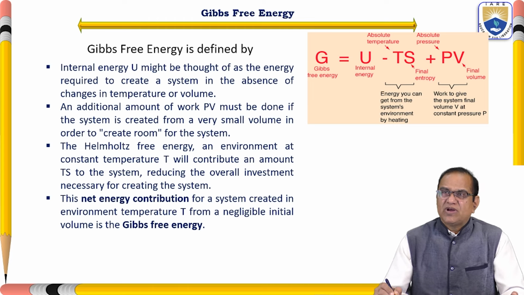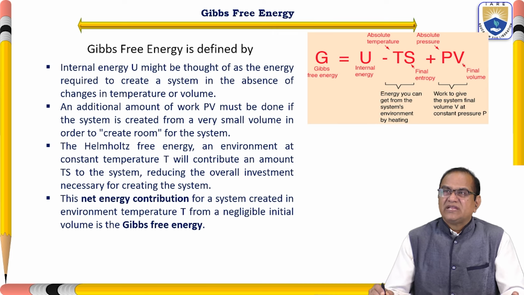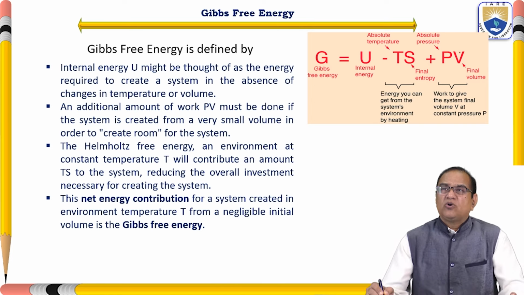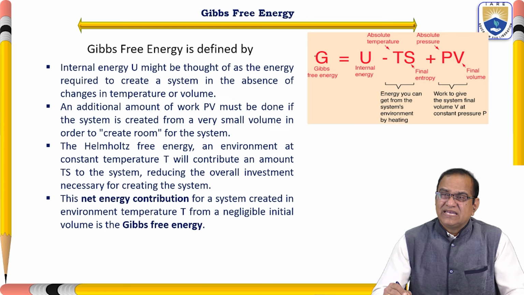So this is the energy you can get from the system's environment by heating. This PV is the work to give the system final volume V at constant pressure P. So here V is the final volume.